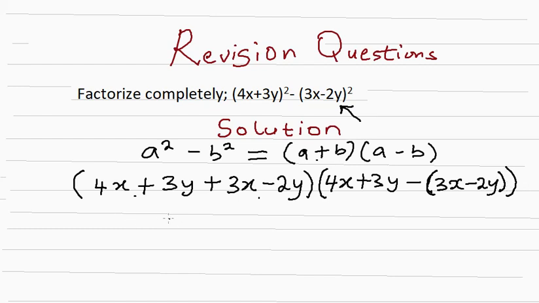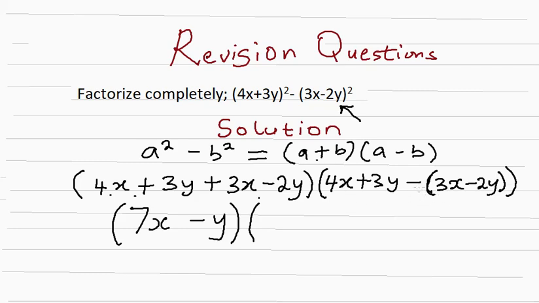So collecting like terms, 4x plus 3x will give 7x. 3y minus 2y will give y. So the first bracket opens. Now look at what is going to happen in the second.